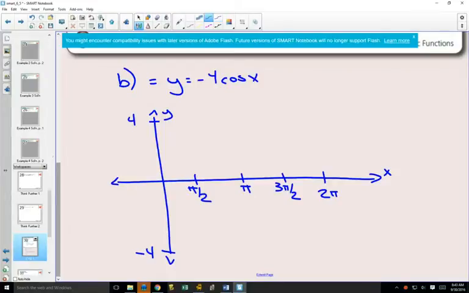Now, where does cos normally start? Cos normally starts at a maximum. But what does that -4 do? The 4 will multiply your y values by 4, but that negative is going to be a flip. It's going to flip it over the x-axis.